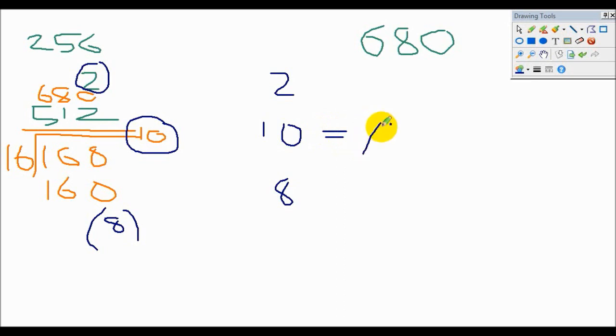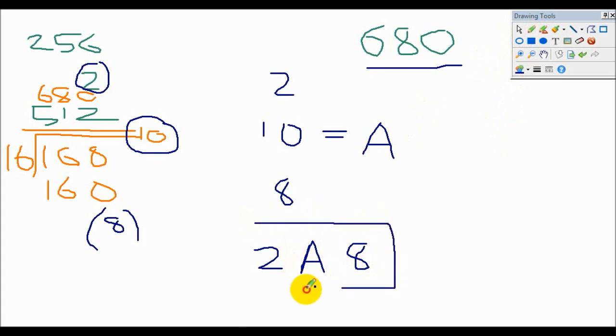It's a letter, and it's A. So 680, written as hexadecimal, is going to be 2, A, 8. Well, that's easy enough. It's going to be 2A8. So let's put that in, 2A8. And that's how you represent a number like 680 as a hexadecimal number.